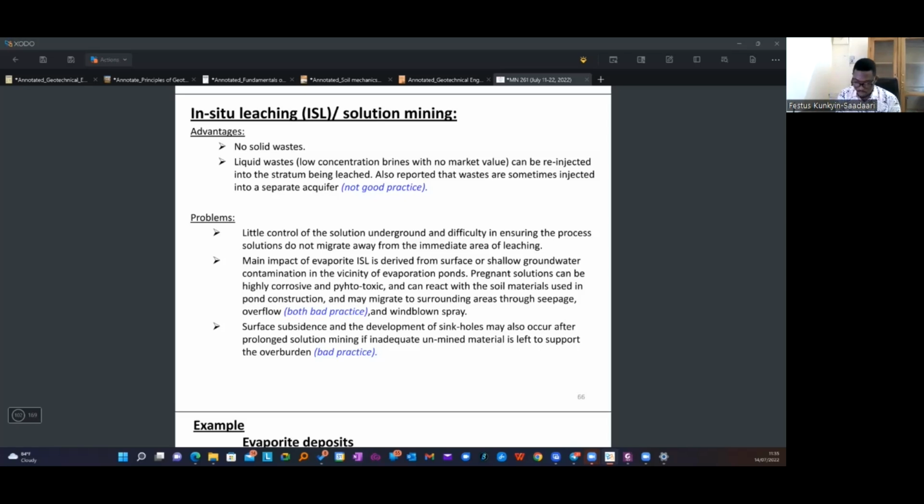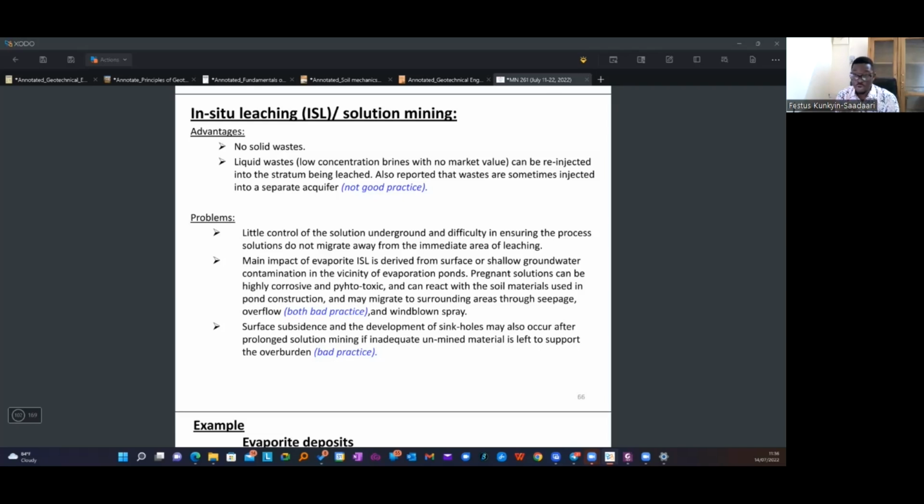Main impact of ISL derived from surface mining. So in situ leaching, ISL, impact is derived from surface or shallow underground contamination in the vicinity of evaporation ponds. Pregnant solutions can be highly corrosive. So what they are saying is that this type of technique is used for corrosive elements that, if you were to work with them face to face, by the time you get the mineral, you yourself would have turned into a mineral.